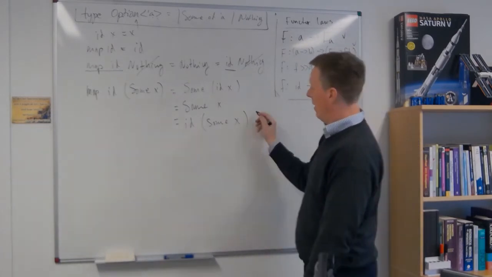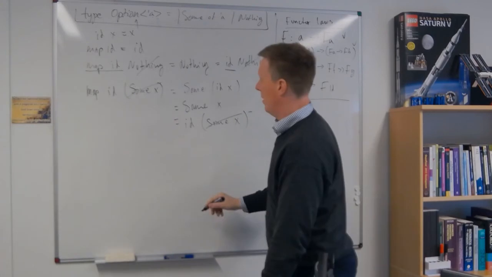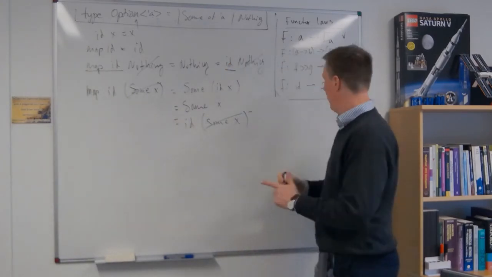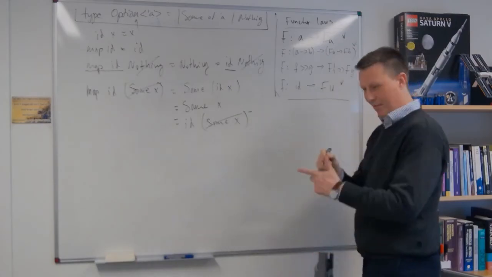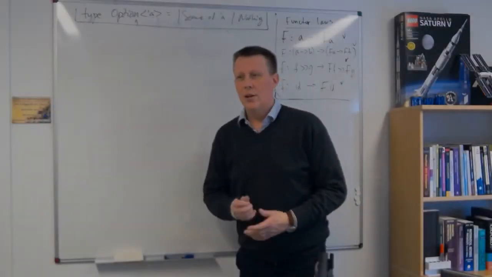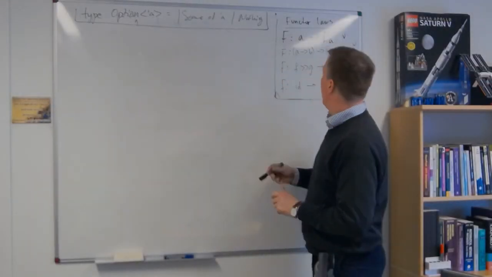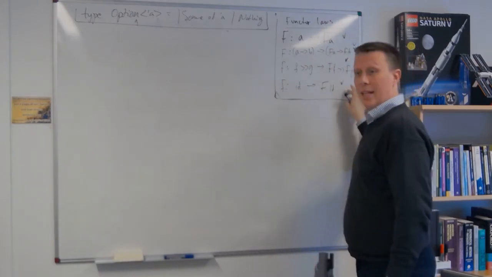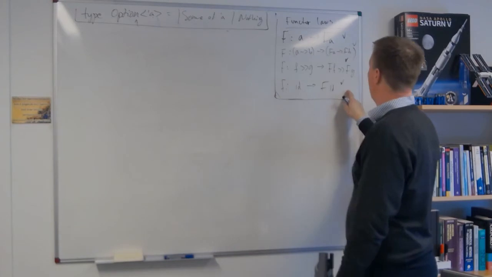And again, Eta reduction, and we have shown map ID equals ID. Check. All right, so now we have covered the identity case of the functor laws.